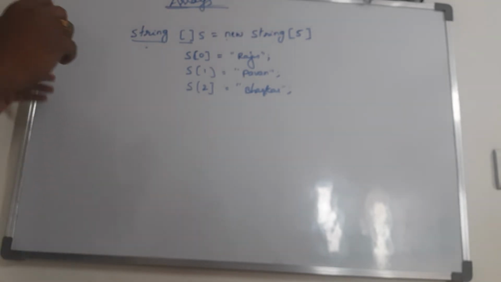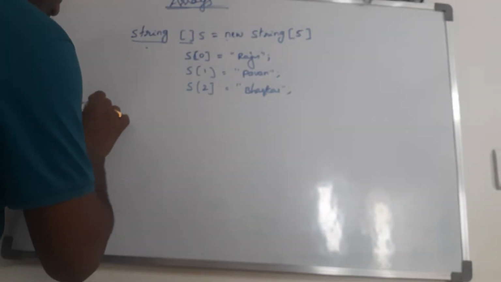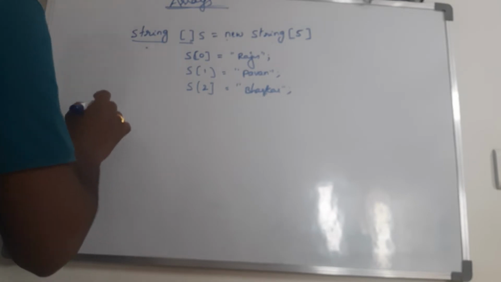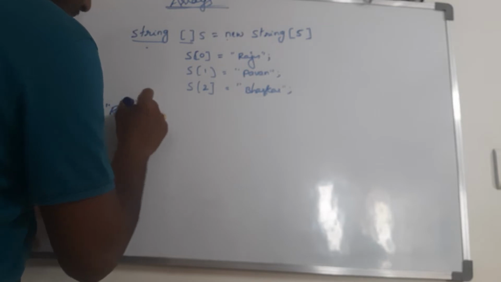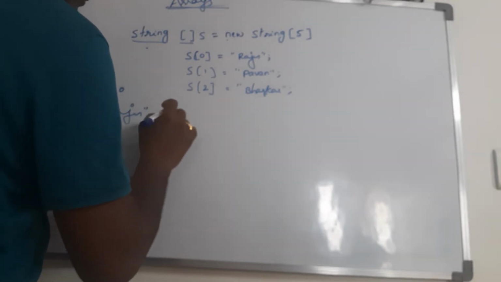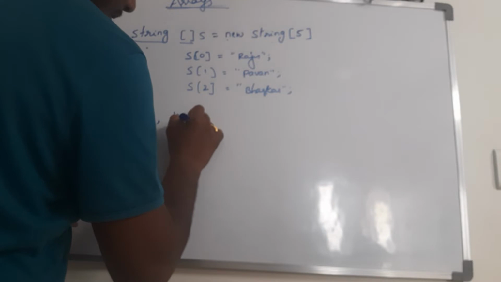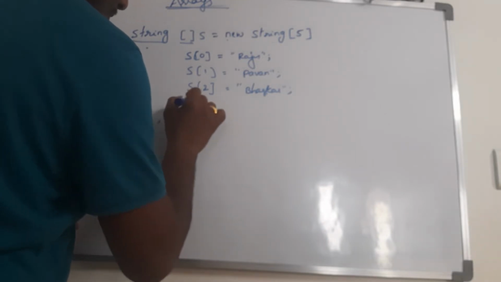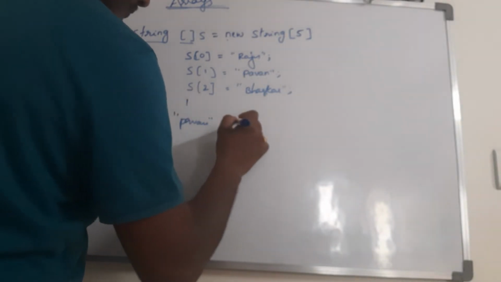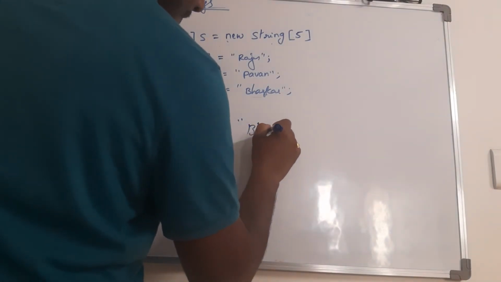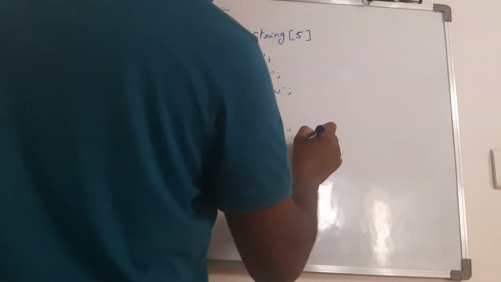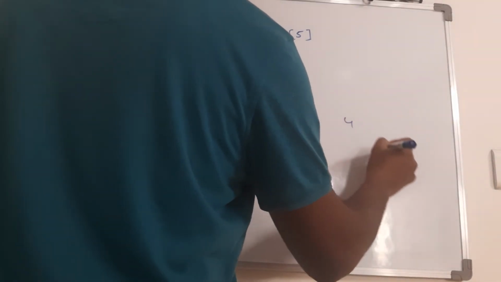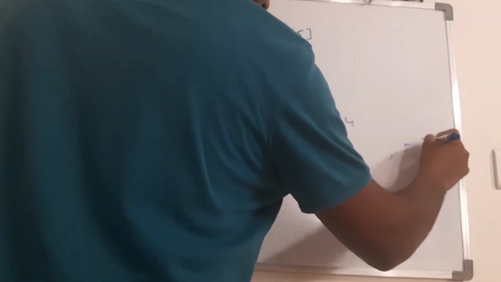What values will it contain? It will contain Raju, the first value at the 0th index, Pawan at index 1, Bhaskar at the 2nd index, and then the 3rd and 4th indexes.